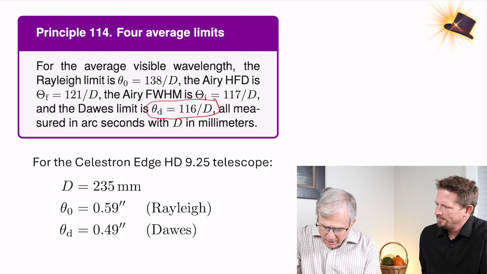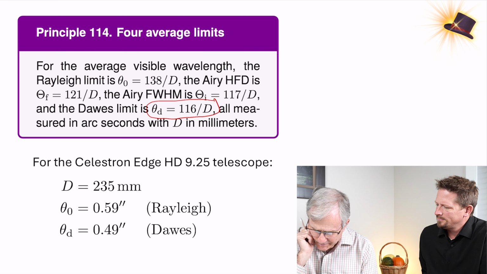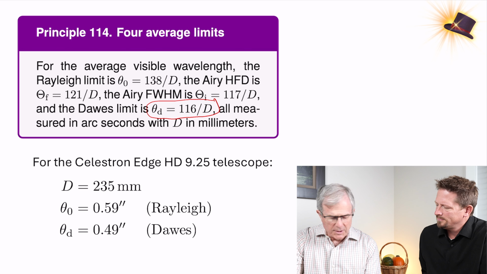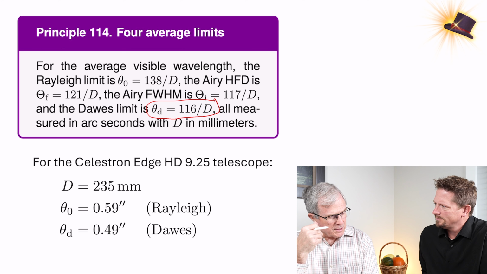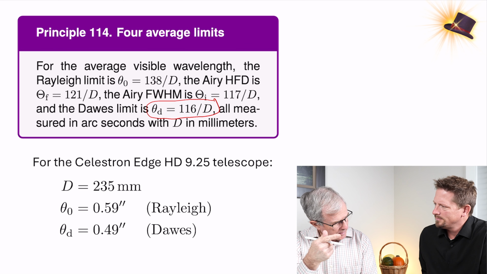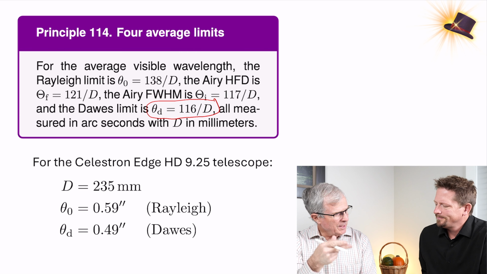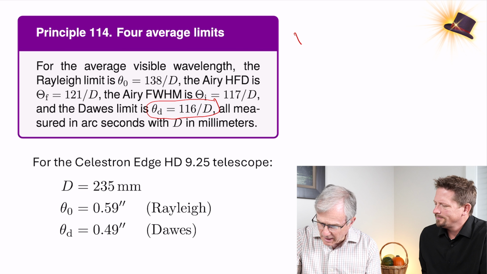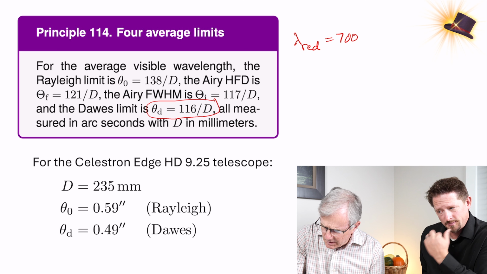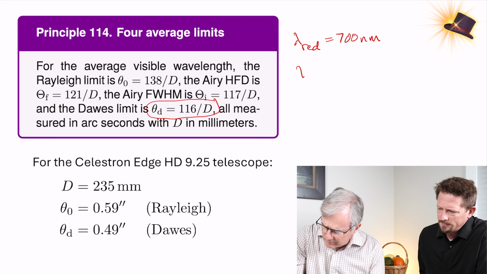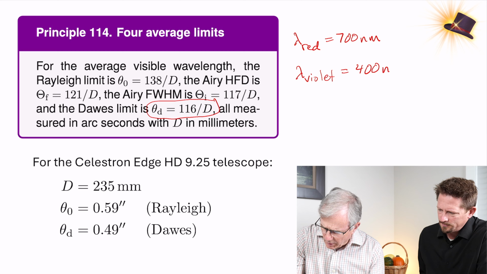So what we've done here, in order to compare the Dawes limit with the Rayleigh limit and the full width at half max limit, is we've just said, since Dawes didn't worry about the dependence on the wavelength, we've evaluated the Rayleigh limit and the full width at half max limit at the average visible wavelength. And what's that? Well, for red light, it's 700 nanometers, and for violet, it's 400 nanometers.